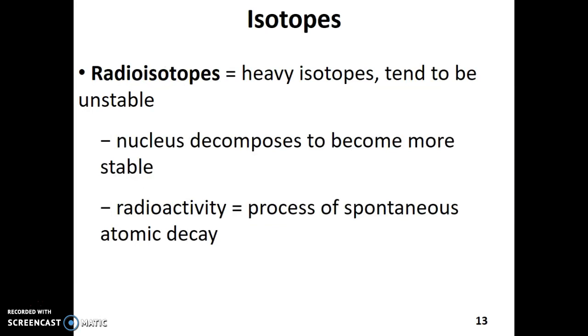Radioisotopes then are radioactive versions of the atom. And they're very unstable, and they tend to decompose to a more stable form. And so this gives off radiation as it decays.